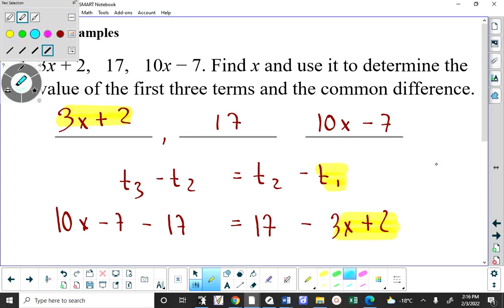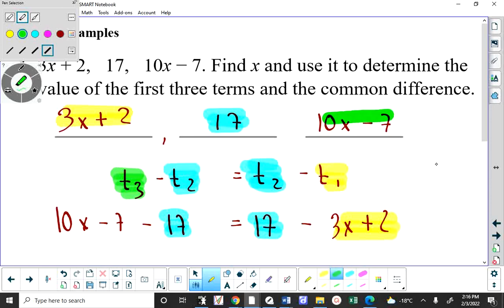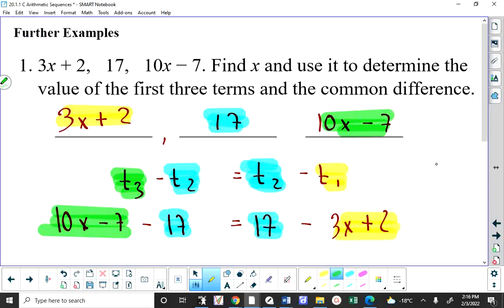Here's my T2, and I have to put T2 here and here. That's why I got 17 here and here. And green T3, which is this, has to go here where I subtract T2. Do you get the drift of what I'm getting across here? If the colors are bothering you, ignore the colors. But does that equation make sense to you?